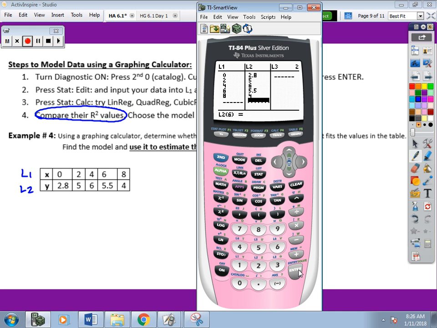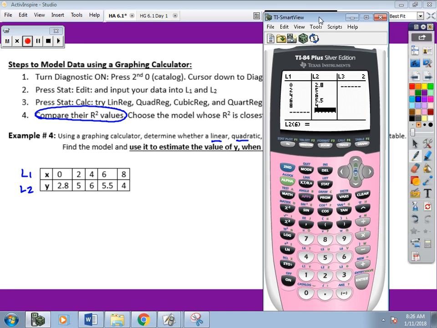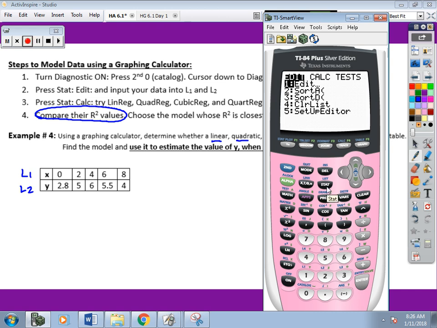Then we're going to do a linear, a quadratic, and a cubic, because that's what the directions ask us, to determine which of those 3 is the best fit. Sometimes it'll tell you just find a quadratic or a cubic regression, but this one wants you to find all of them. So we'll press Stat, arrow to calculate, and we'll choose the linear one first.